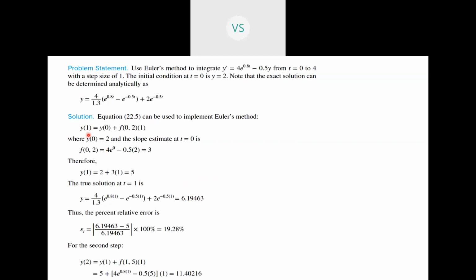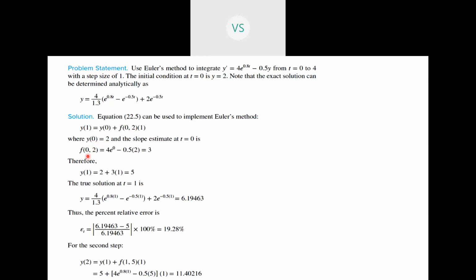So for the function, the initial values of t and y are 0 and 2. When t is equal to 0, y is having the value 2. This is the initial condition given.